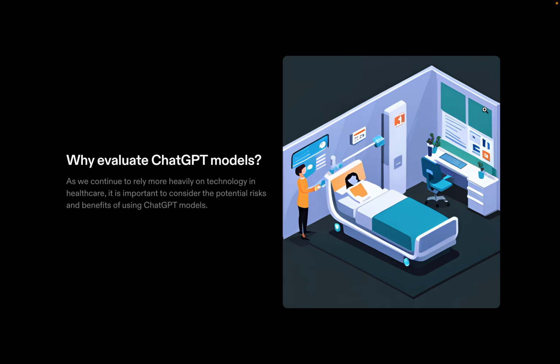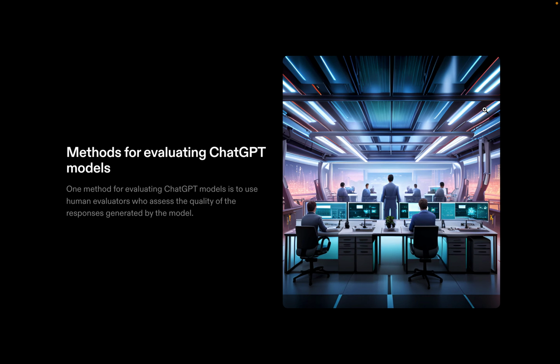And especially with the ongoing evaluation and improvement of these models, it can lead to even greater advancement in healthcare technology and ultimately improve patient outcomes. And we need to continue to evaluate to identify any bias or inaccuracies that may exist, and also we need to work to address them, which will again improve the quality of care for the patients and also help to build trust in these technologies among healthcare professionals.